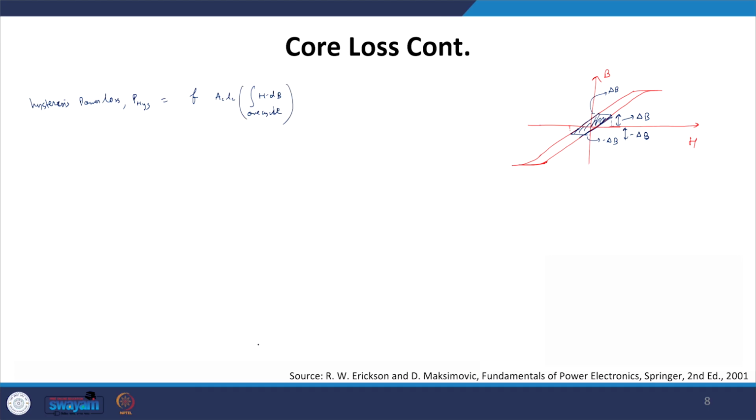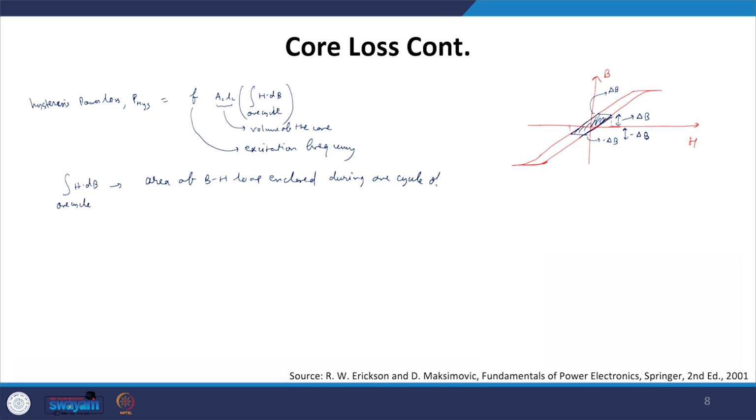This Ac Lc is nothing but the volume of the core, f is the excitation frequency, and if we see this integration of H dB, for one cycle it is nothing but the area of the BH loop enclosed during one cycle of operation.